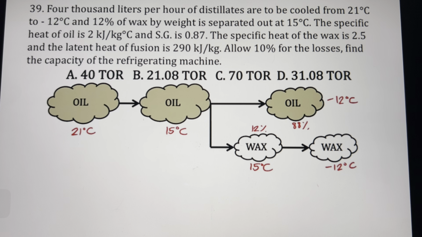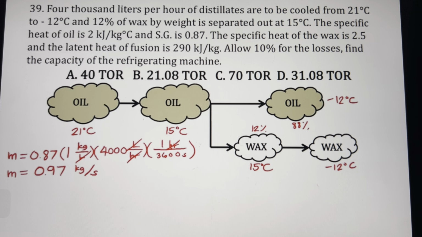And it is best that we convert this per second. We know that in 1 hour, there are 3,600 seconds. We can cancel out hour as well as liters. So what's our mass in kilograms per second? This is 0.97 kilograms per second. And now we can proceed with our solution for the capacity.